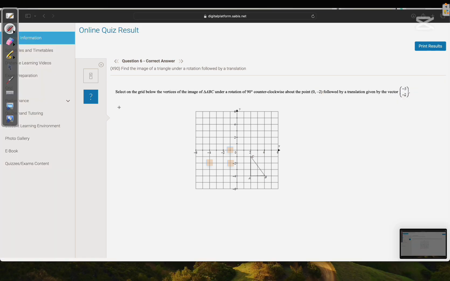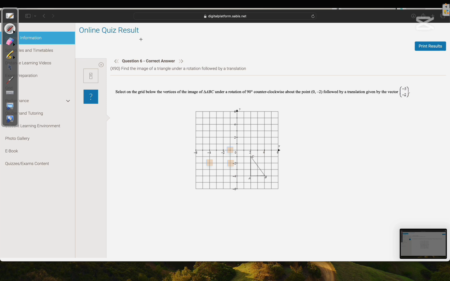Okay, so for this question, they want us to select on the grid below the vertices of the image of triangle ABC under a rotation of 90 degrees counterclockwise about the point 0, -2, followed by a translation given by the vector -3, -2.